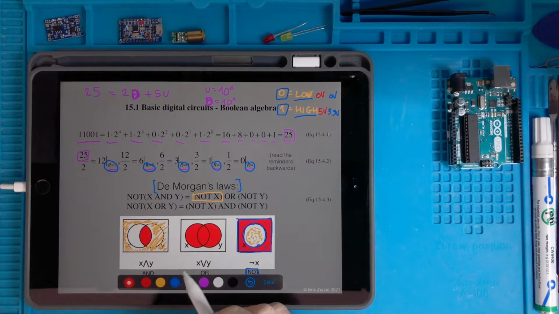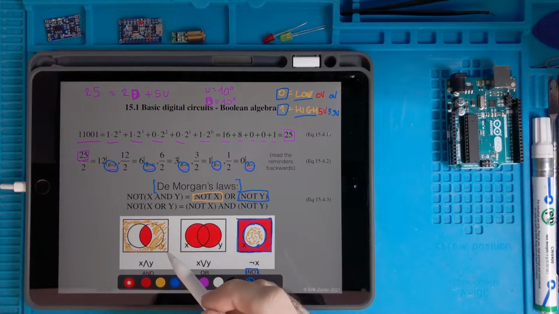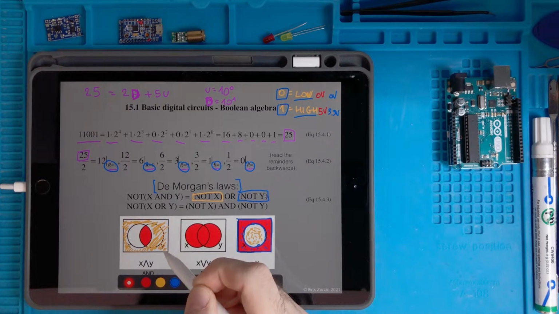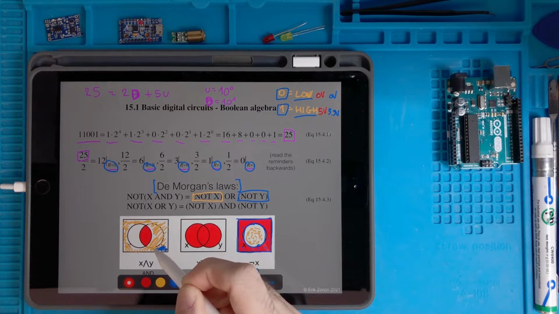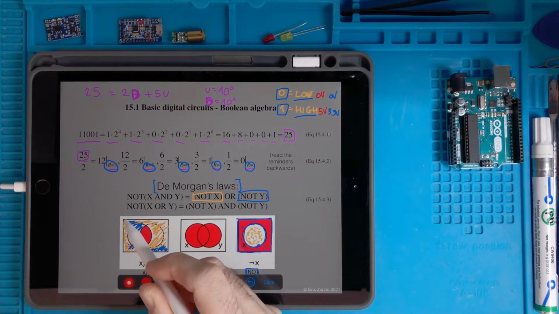Similarly, the NOT of Y are all the elements that are outside the Y set, so which is all, now we have to do it carefully, all those elements.